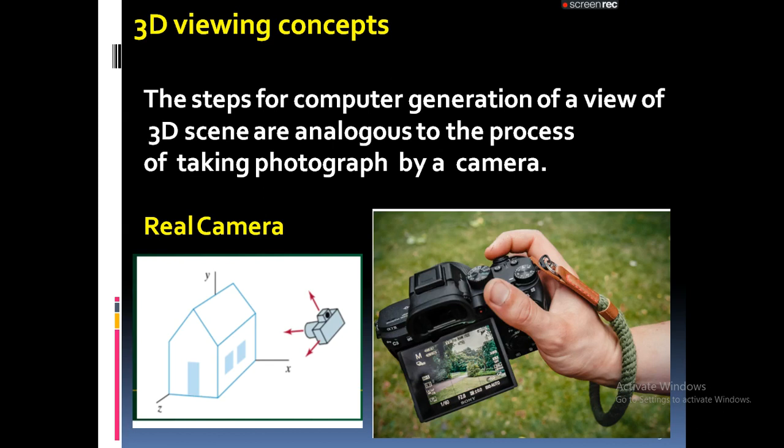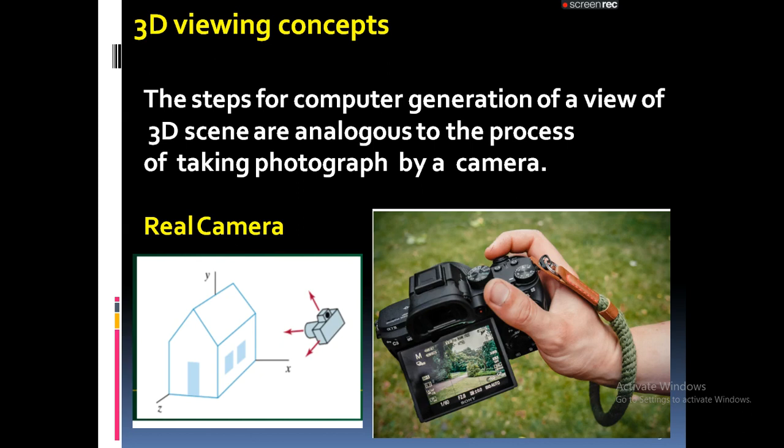The first topic is called three-dimensional viewing concepts. Whenever we want to display a three-dimensional object on the two-dimensional screen, there are a few basic concepts we need to learn.